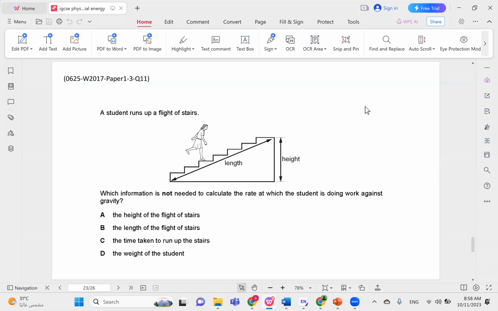So what information do I not need? Bear in mind that the word rate means that we're describing this with respect to time. So this word, the rate, means that we have to obtain some value of the time. And we said that work against gravity is equivalent to potential energy.